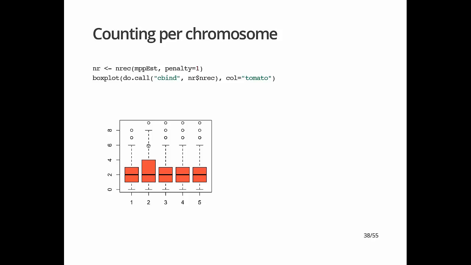Chromosome 2 seems to be a little bit higher, but in the map, if you remember, chromosome 2 ended up with a slightly longer estimated map length. So that's not too surprising. It may be a good check to see if there are any chromosomes where you have a very large number of recombination events. It's possible there's a recombination hotspot on that chromosome, but it's also possible you have some errors there.